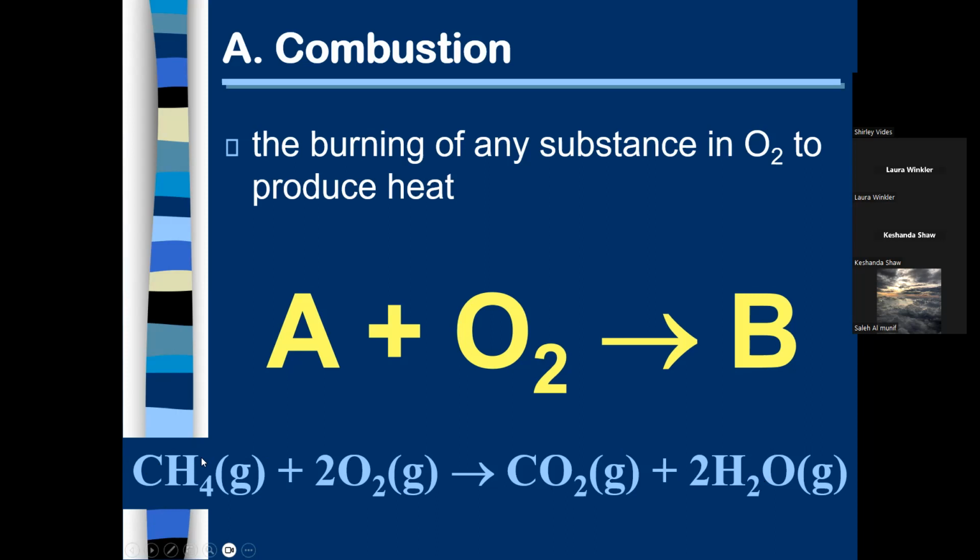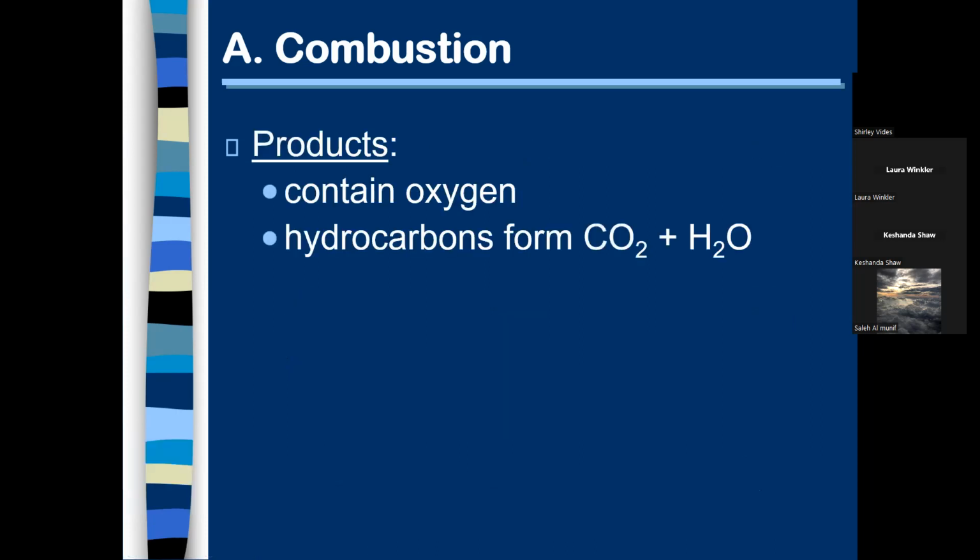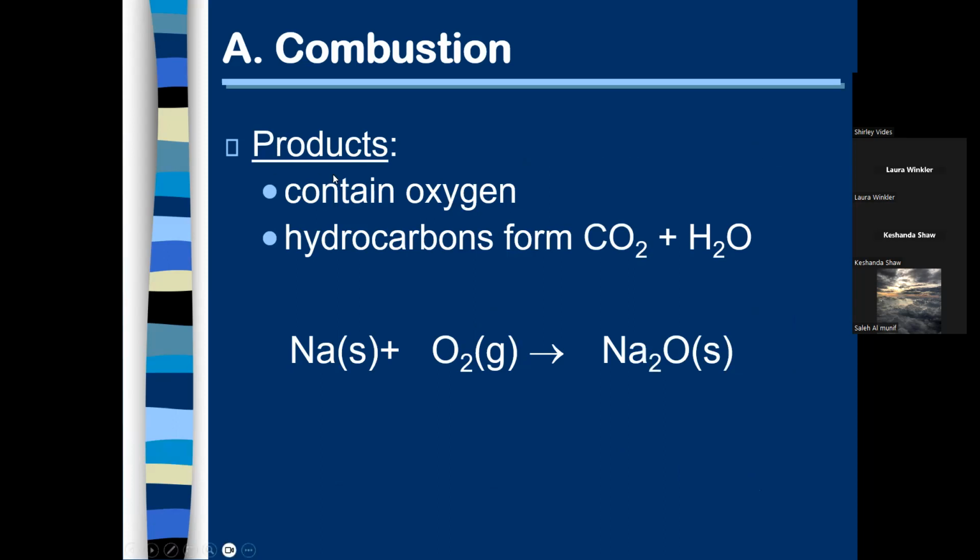Now, if you're not burning a hydrocarbon, then you'll have something like this: sodium and oxygen burning in oxygen is Na2O. Why? Okay, so you notice what it says. The products will always contain oxygen. And if they're hydrocarbons, they will form CO2 and H2O.